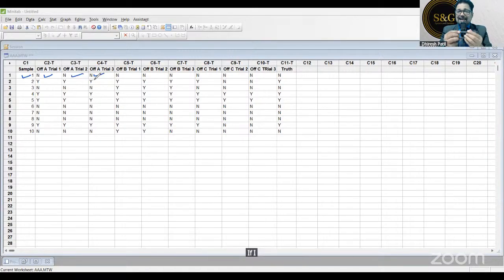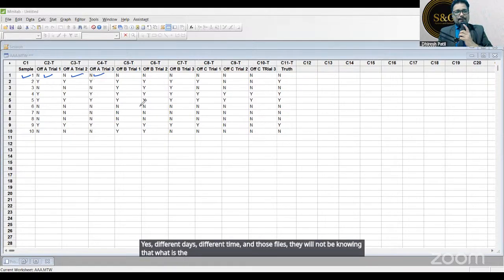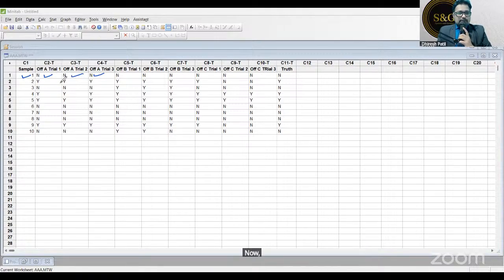If the same file is checked by the same person at the same time, the remaining two readings will be biased. So to eliminate that bias, we have to give it in a randomized pattern: different days, different times, and they will not know the number of the file. So he is saying no, no, no.